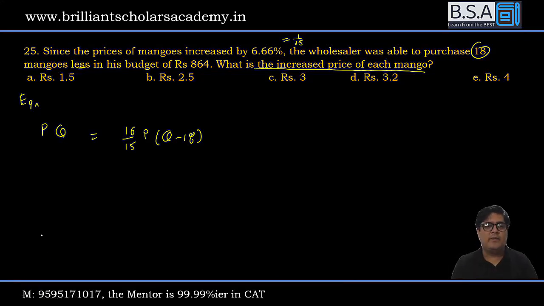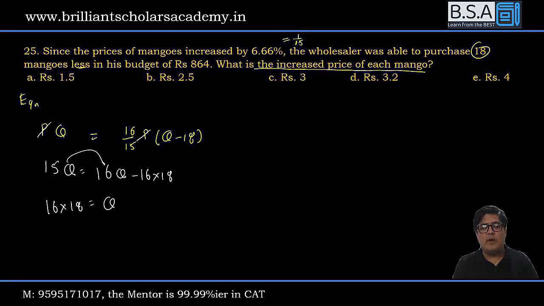What does this become? P and P cancelled. Cross multiply. 15Q is equal to 16Q minus 16 into 18. इसको इधर ले आओ. Quantity is equal to 16 into 18.